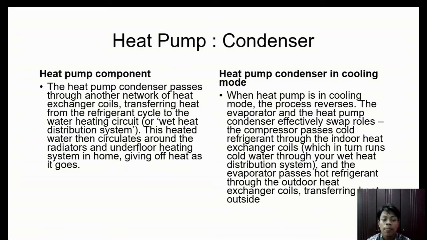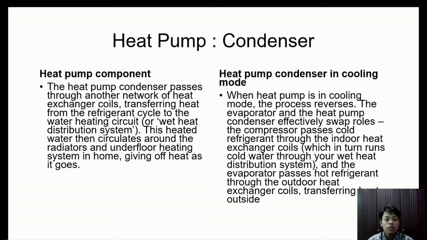Next, the condenser as a component in the heat pump cycle. The heat pump condenser passes through another network of heat exchanger coils, transferring heat from the refrigerant cycle to the water heating circuit, or we can call it the wet heat distribution system.